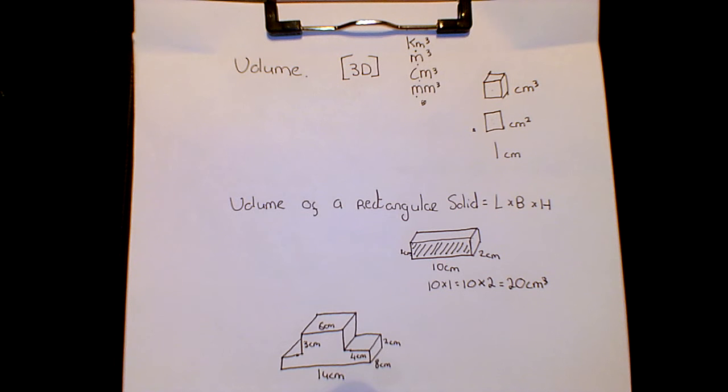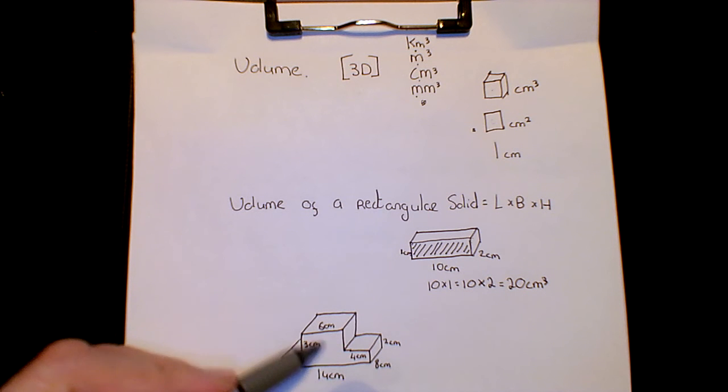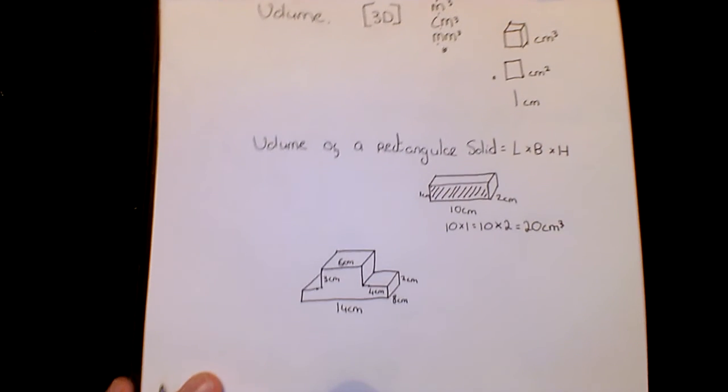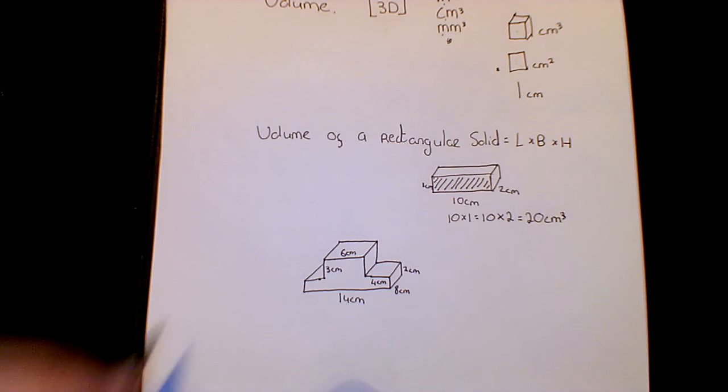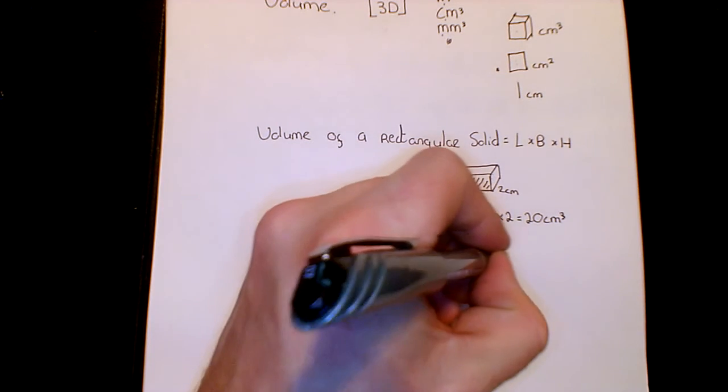The reason I do it this way is that when we come to more difficult ones like this, I still follow the same thinking. I just want to get the area of the front face, and then multiply it by its depth. If we look at something like this, I'll draw the face first.